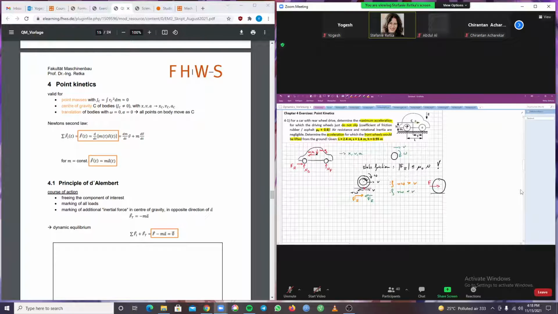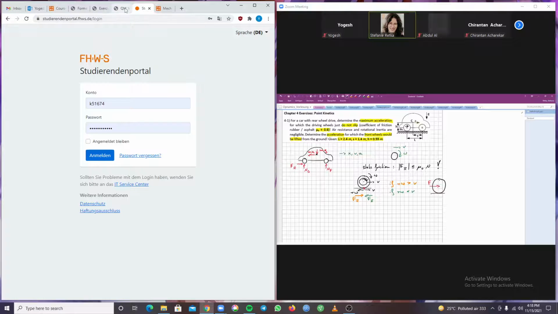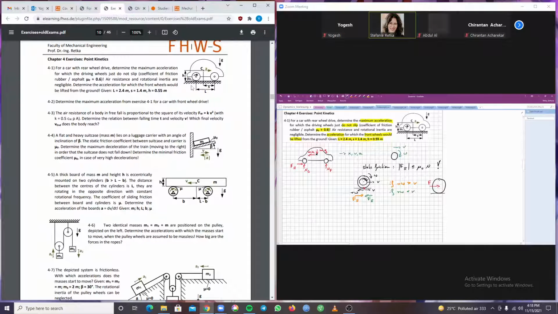And we can build the dynamic equilibrium conditions. And building dynamic equilibrium condition works the same way as in statics. The only difference here is that we have this additional force, this inertial force in our system. Now, there are two questions, two parts of the question.